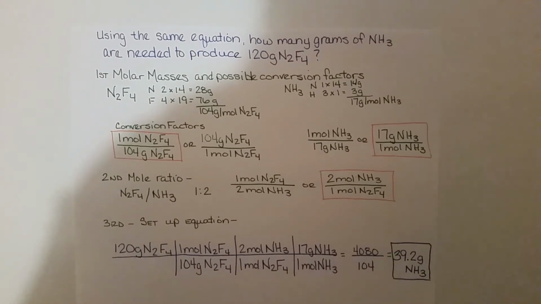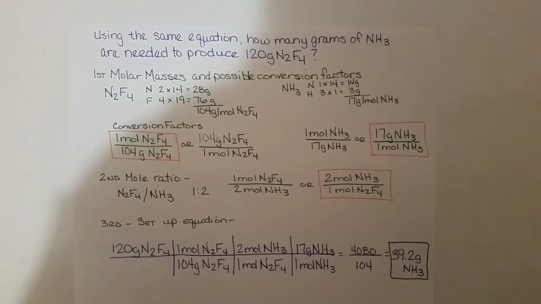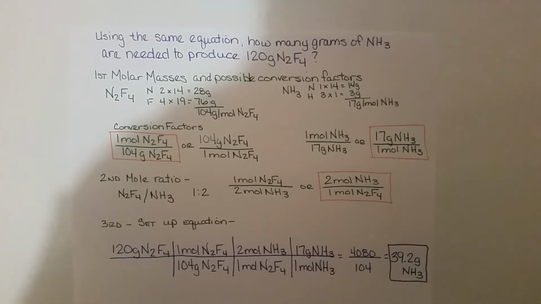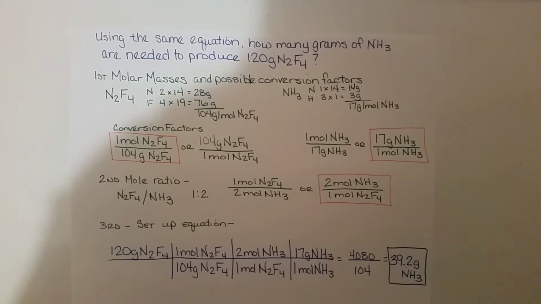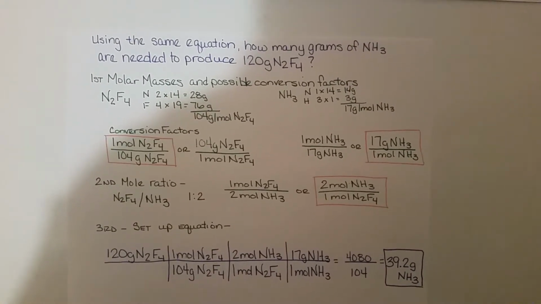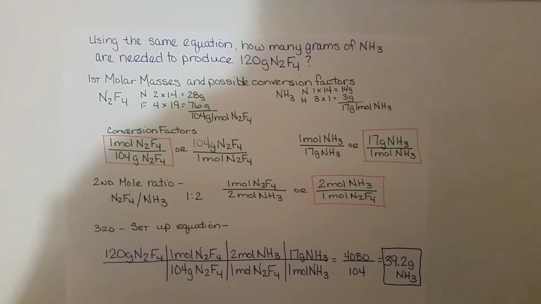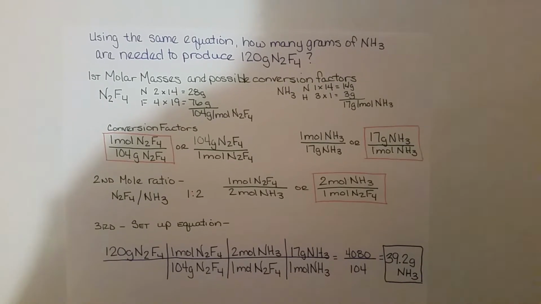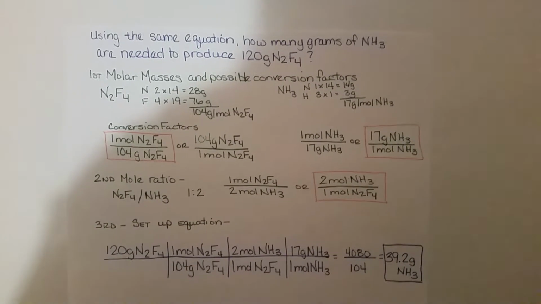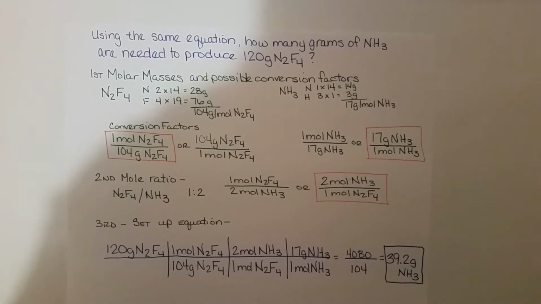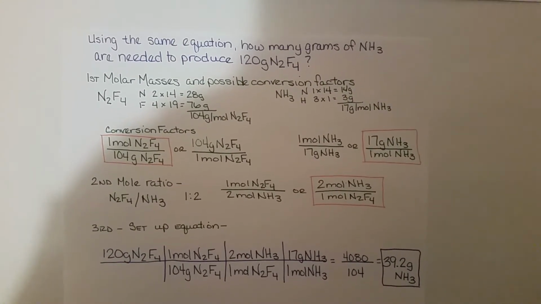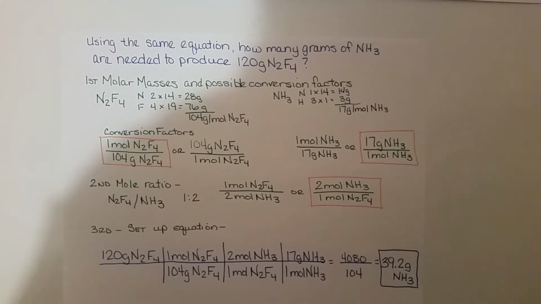It doesn't matter. With mole ratios, you can move anywhere in an equation. So the first thing you're going to do is get the molar masses of the two compounds in the question. So you have N2F4 and NH3. For N2F4, you end up with a molar mass of 104 grams per mole. For NH3, you end up with a molar mass of 17 grams per mole.